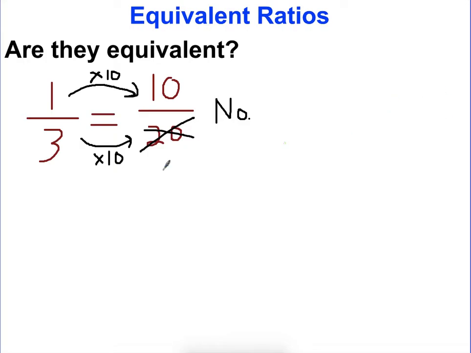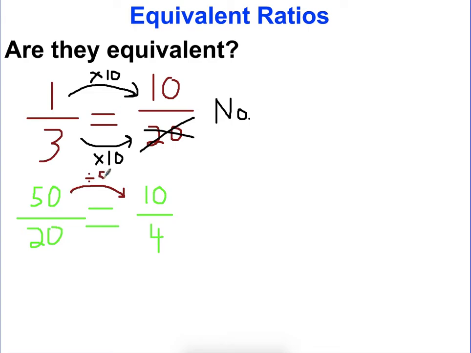Let's look at another example. Let's say I have 50/20, and I want to know, is that equal to 10/4? So let's find what our rule is. I can go either way. I can go 50 to 10, so that would be dividing by 5.